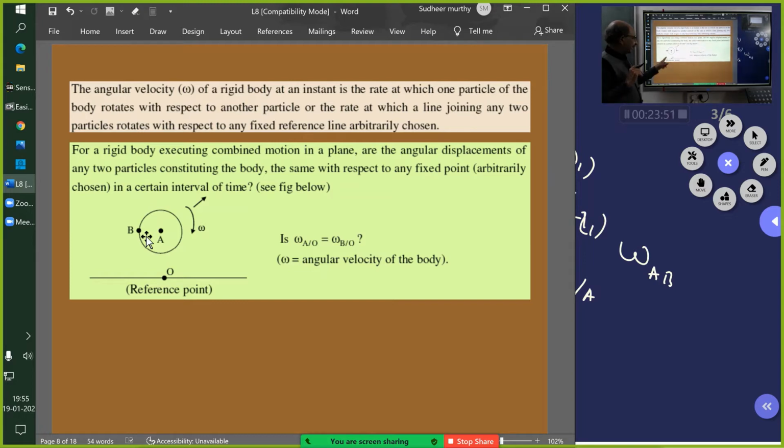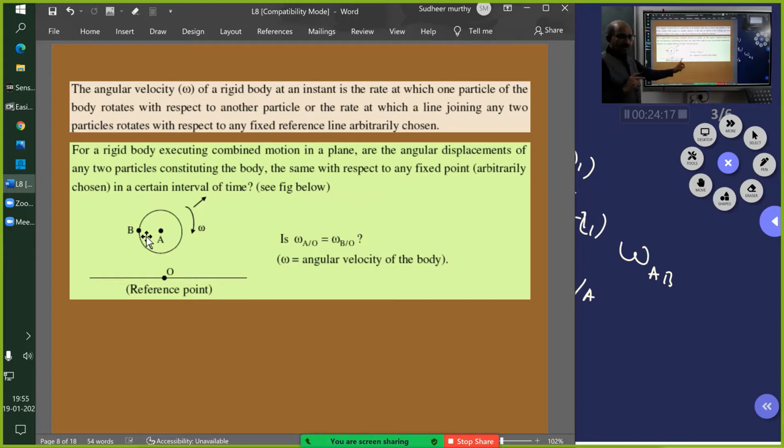Initially, say OB is making some angle, and the line joining O to A is making some angle. Now B will change by some degrees, theta. When the line OB becomes OB dash, the change will be theta, assume. Simultaneously A will also change.